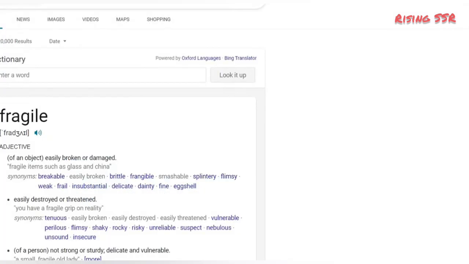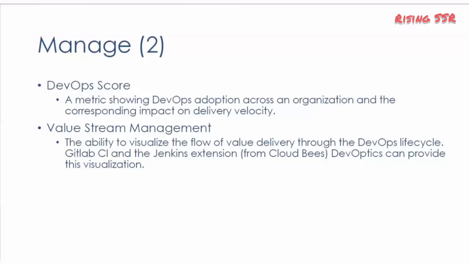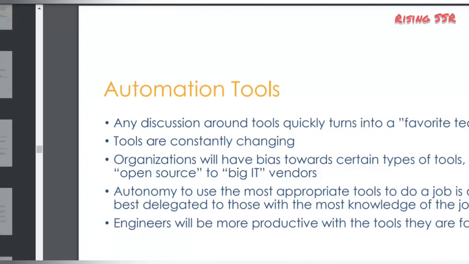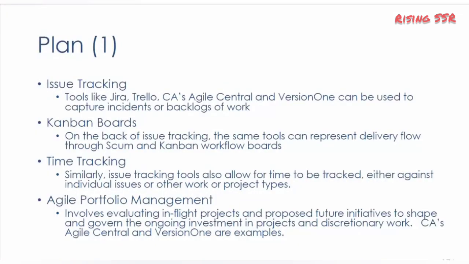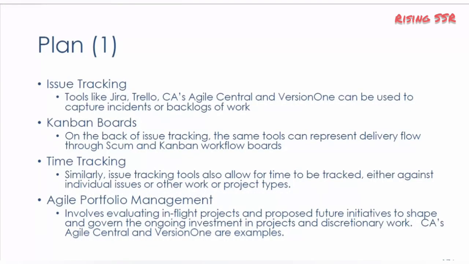So from a management perspective, we are talking about audit management. We are talking about authentication and authorization and certain tools specific to that. DevOps score, value stream management, which I briefed about yesterday. From a planning perspective, how do we track issues, Kanban, time, agile portfolio?